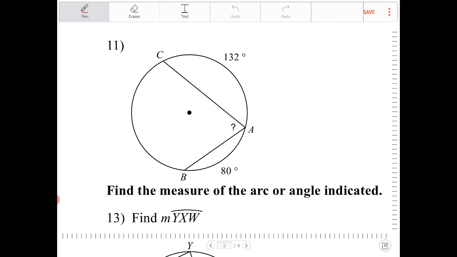All right, so in this case, you're given 132 and 80, and then we can find out what the minor arc CB is, because CB is going to be 360 minus 132 and 80.